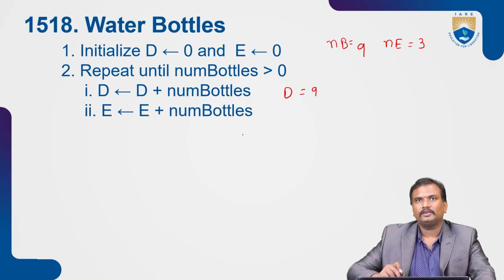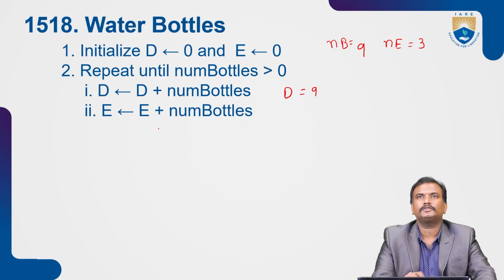And next we are going to take E equals E plus number of bottles. Initially the E value is 0, 0 plus 9, 9. Whatever the number of bottles there are, that many empty bottles will come.